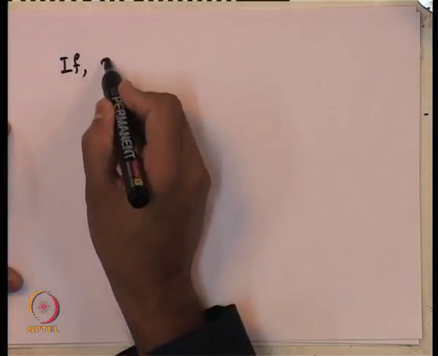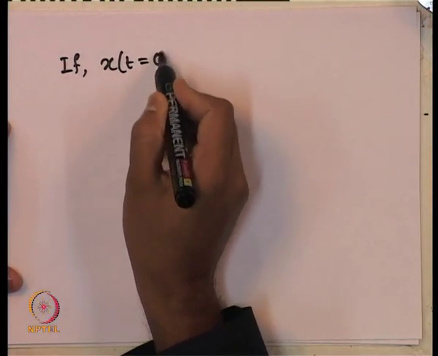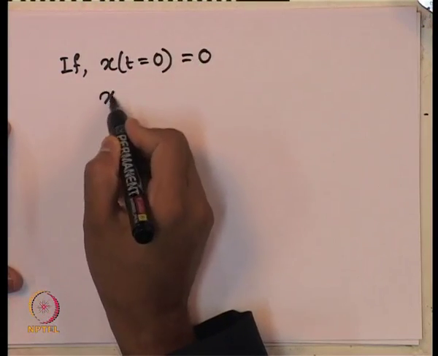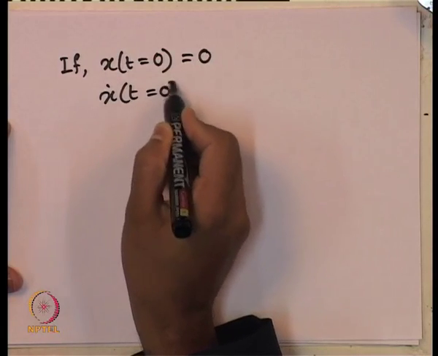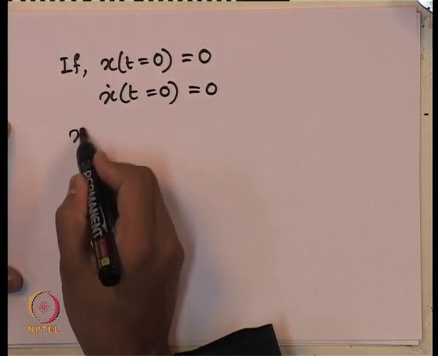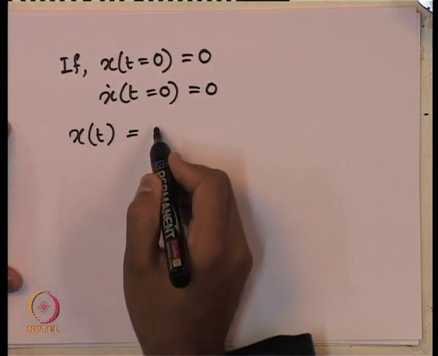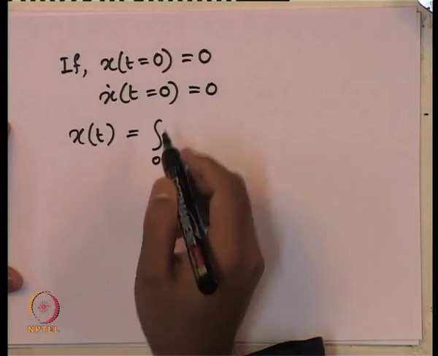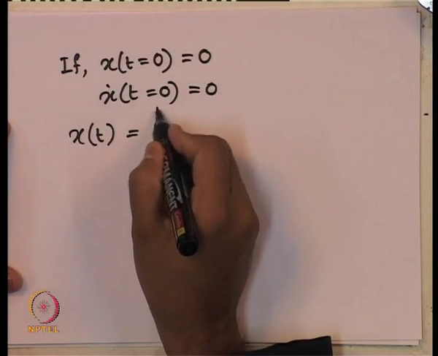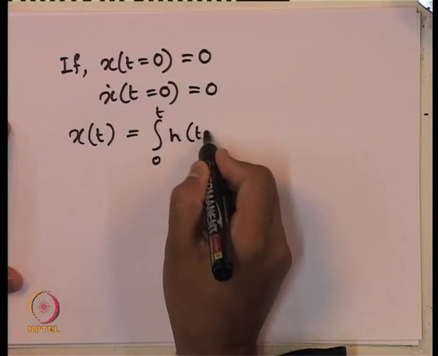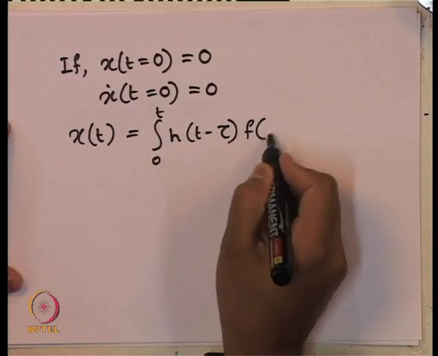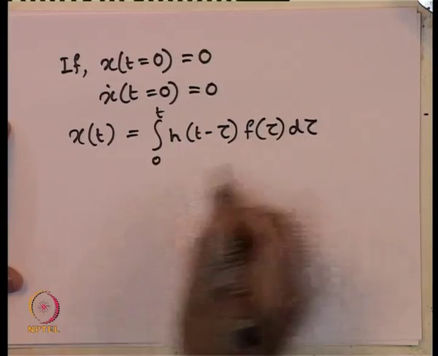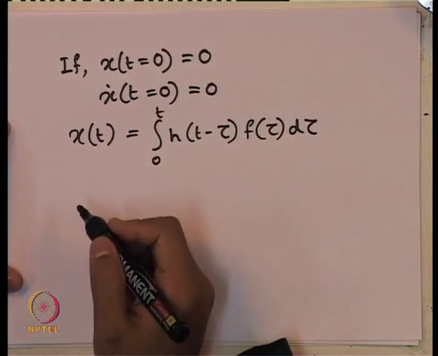If x at t equals to 0 is 0 and x dot at t equals to 0 is 0, in that case x of t is the particular integral part, h of t minus tau f of tau d tau, for t tends to infinity.